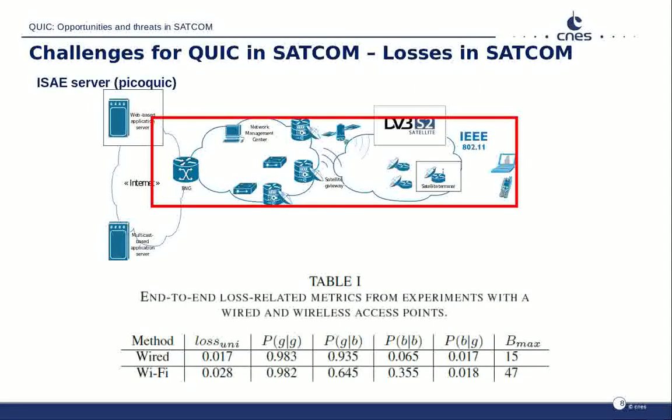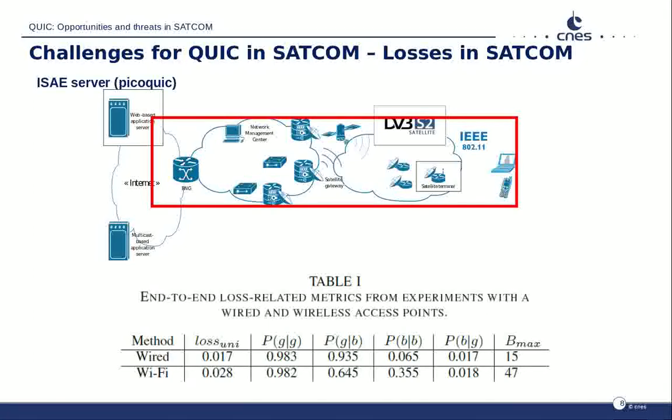Another challenge that QUIC will encounter when we use it over SATCOM access is that we will have end-to-end losses. To measure these end-to-end losses, we have downloaded, using the same public internet access, different files from a picoquic server located at Inria.